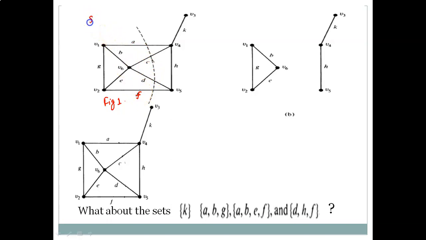So here I am writing A, C, D and F in one set. Just look at the situation. If I remove these edges A, C, D and F, then you see what will happen. This graph reduces to this form, and now it is disconnected.